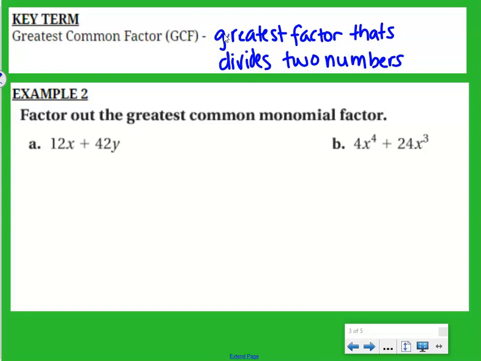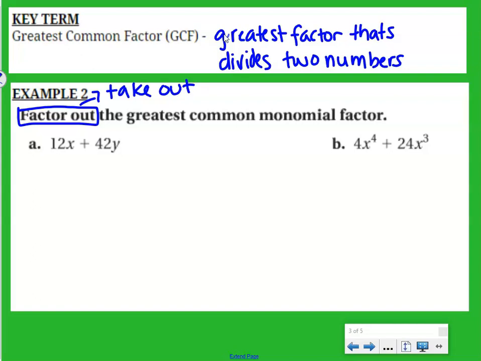So it's really what number can evenly go into both the numbers. So for our example, we want to factor out, so take out, the greatest common monomial factor.